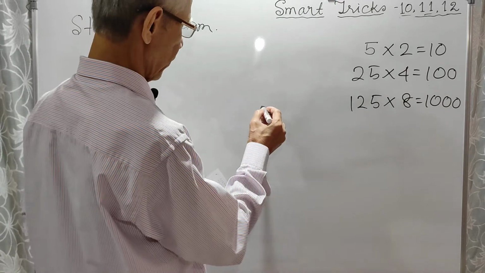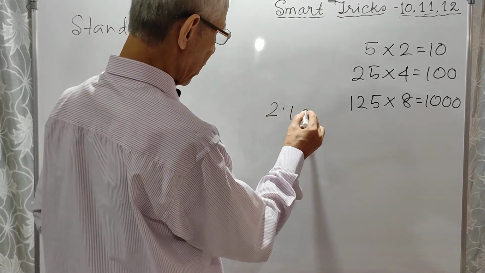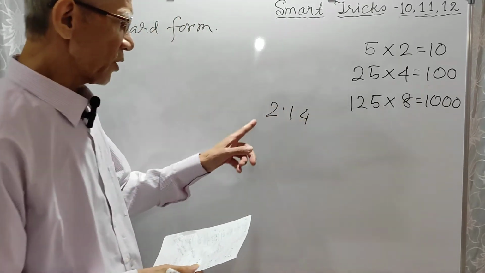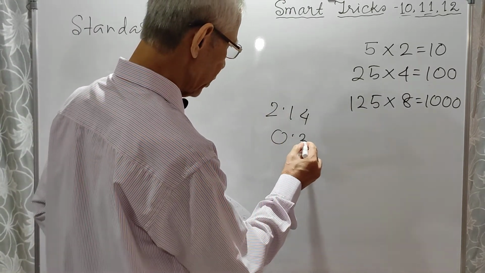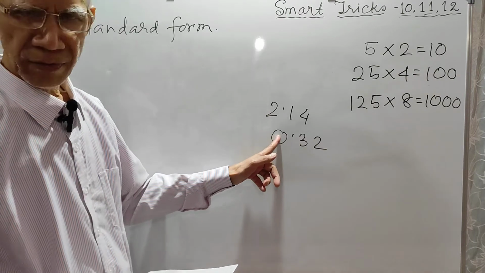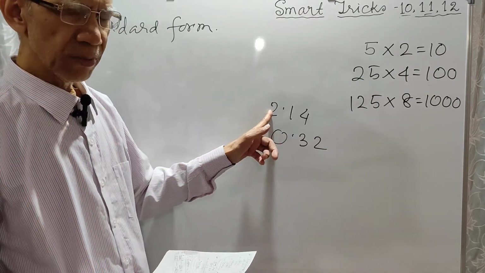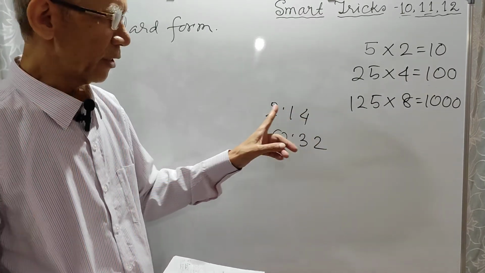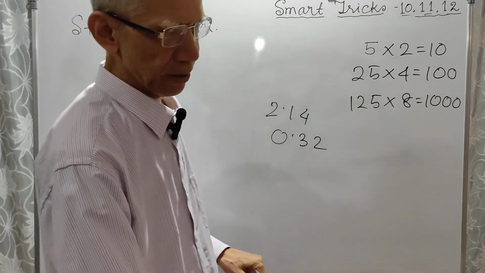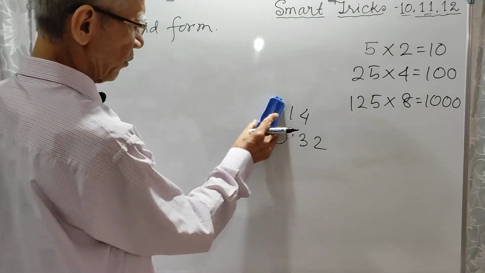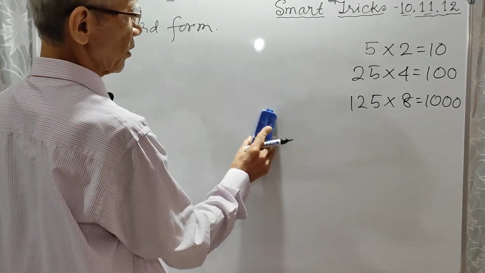Suppose this one, 2.14. You see, one significant digit before the decimal. Now, 0.32 will not do because 0 is not a significant digit. So significant digits mean 1, 2, 3, 4, 5, 6, 7, 8, 9. So one significant digit before the decimal. So that is the board rule for the final answer in maths or any numerical sum.